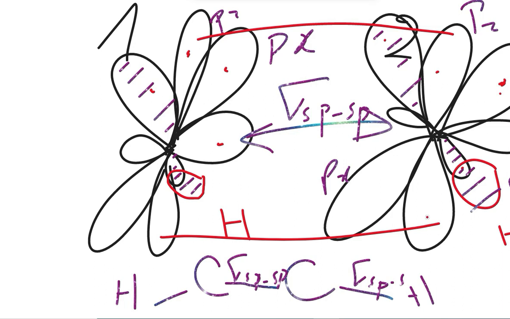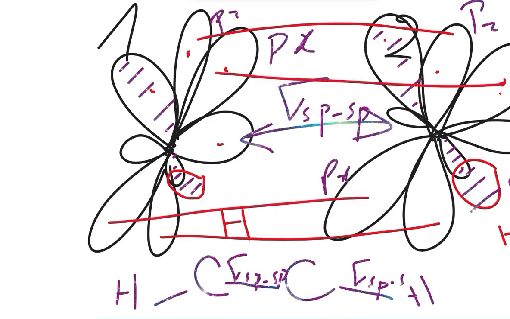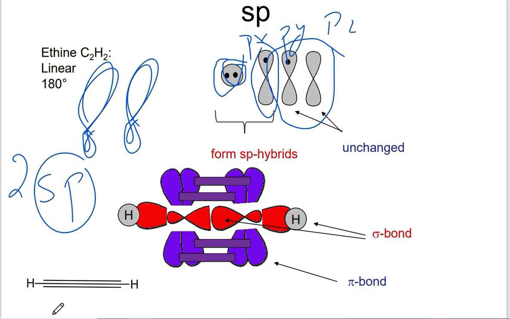And same for the px, they are also bonding together. So we have one bond from pz, another bond from px, and the original sigma bond from sp orbitals. So we have a triple bond here, 1 and 2. So this is how we draw the structure of ethine, which has a triple bond.